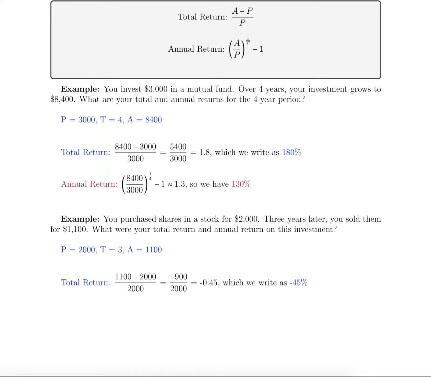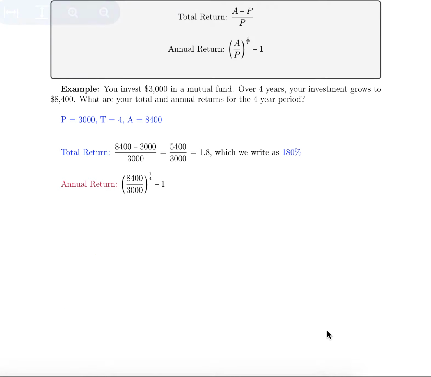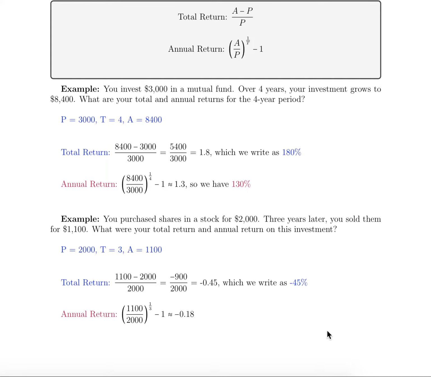All right. Next, we will do the annual return. So plugging straight into this formula up here, we get 1100 over 2000 to the power of 1 over 3, minus 1. Putting that into a calculator, you get approximately negative 0.18.